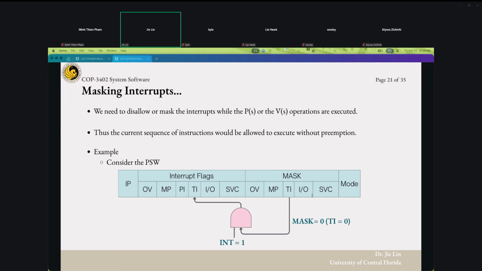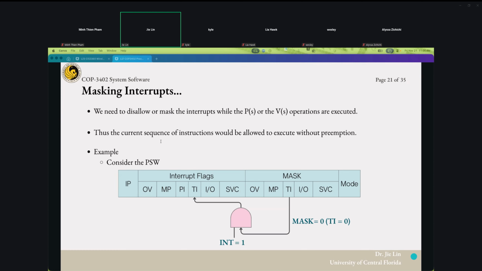Previously we covered the interrupt flag, the mode, the IP, but we have not mentioned one thing: the mask. Now we are filling the gap. This slide simply introduces the concept of masking interrupts, which temporarily disables interrupts during the execution of critical semaphore operations, P and V.